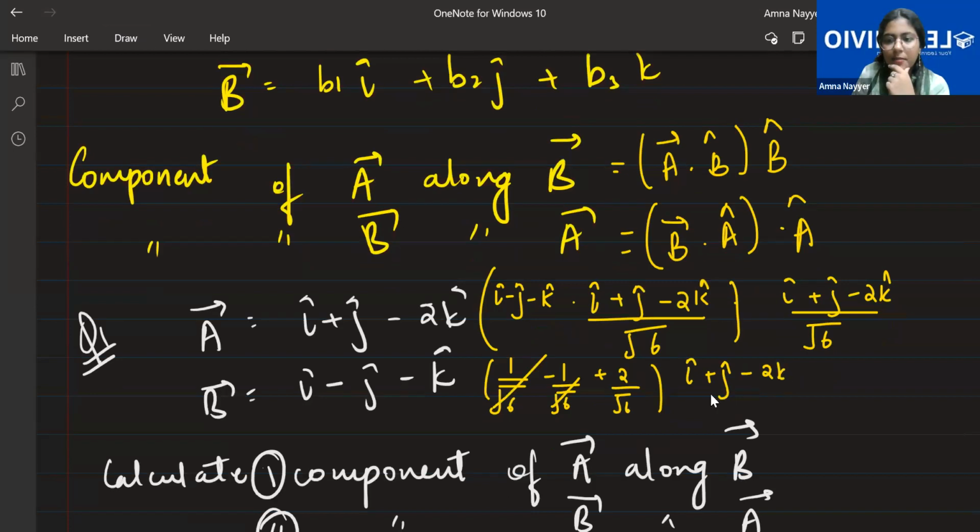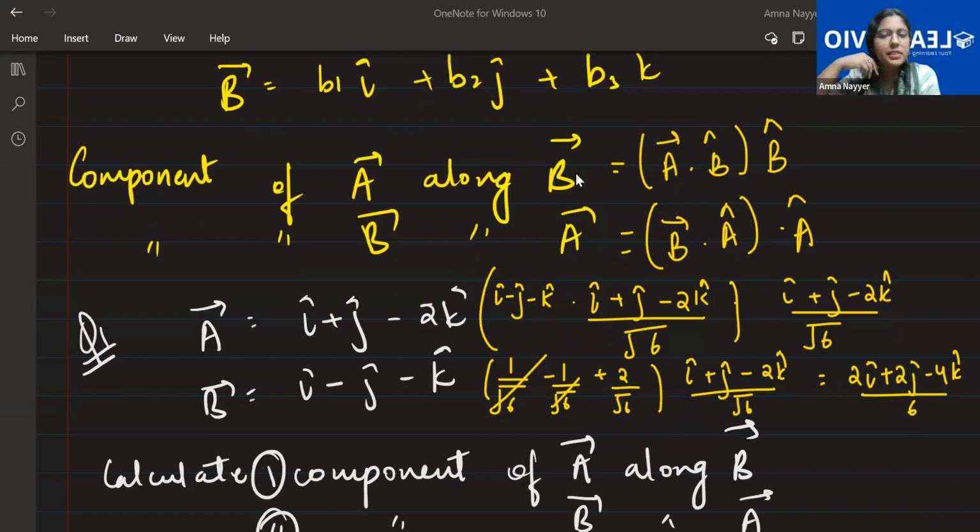When you multiply it with 2, it will become 2I cap plus 2j cap minus 4k cap by 6. What was Simran's answer? 2I cap plus 2j cap minus 4k cap by 6.